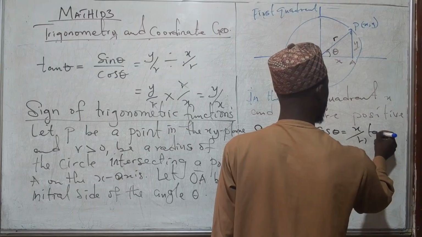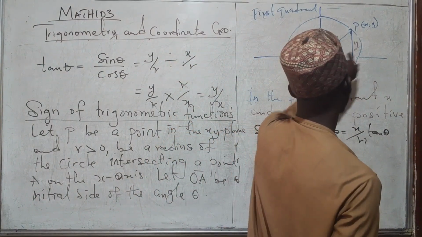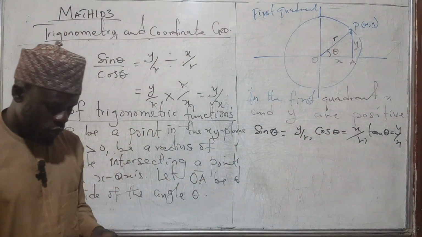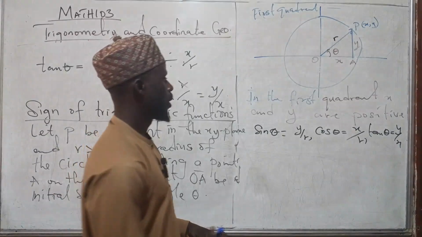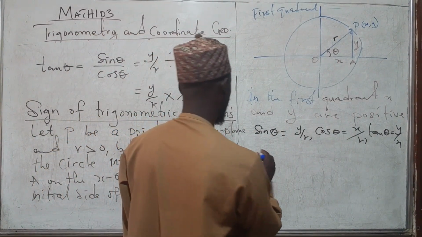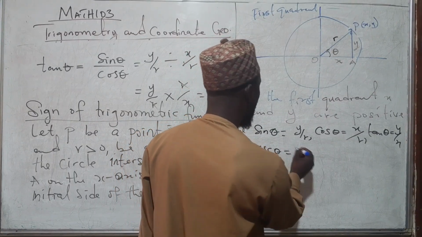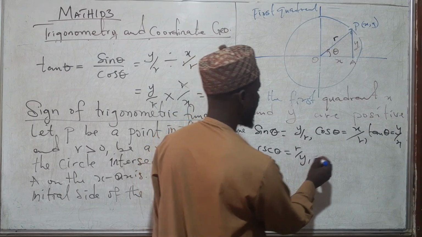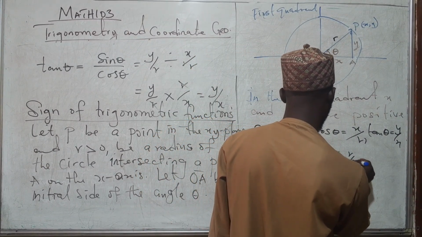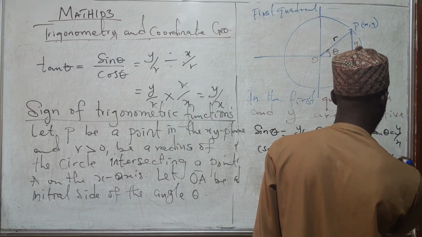Tan theta is opposite over adjacent, that is y over x. Also, their respective reciprocals are cosec theta, which is r over y, sec theta, which is r over x, and cot theta, which is x over y.